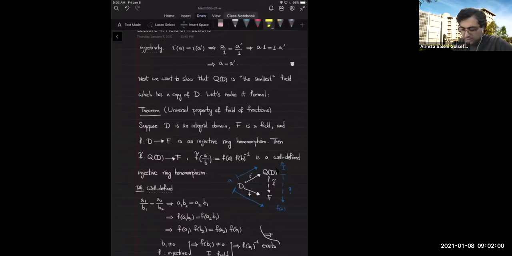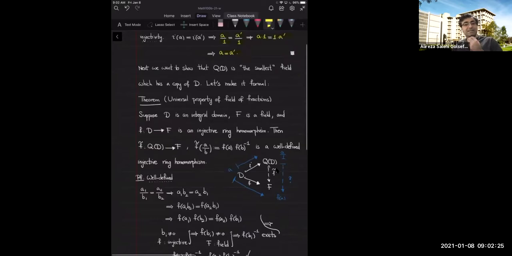What does that mean? i(a) is a over 1 and i(a prime) is a prime over 1. Knowing that these fractions are the same means the numerator times the denominator, which is a times 1, is the same as the denominator times the numerator, which is 1 times a prime, and we get the desired equality. So it's an injective ring homomorphism. That means we end up finding a copy of D inside these fractions.